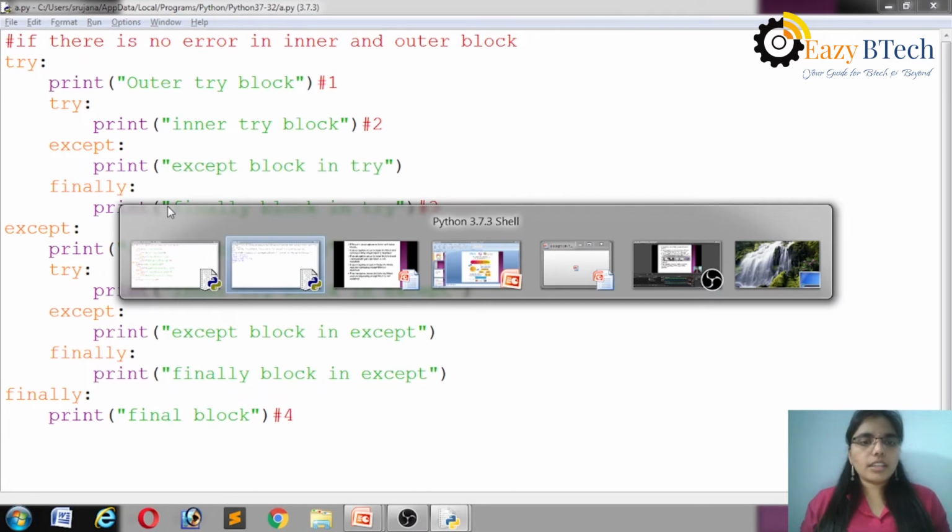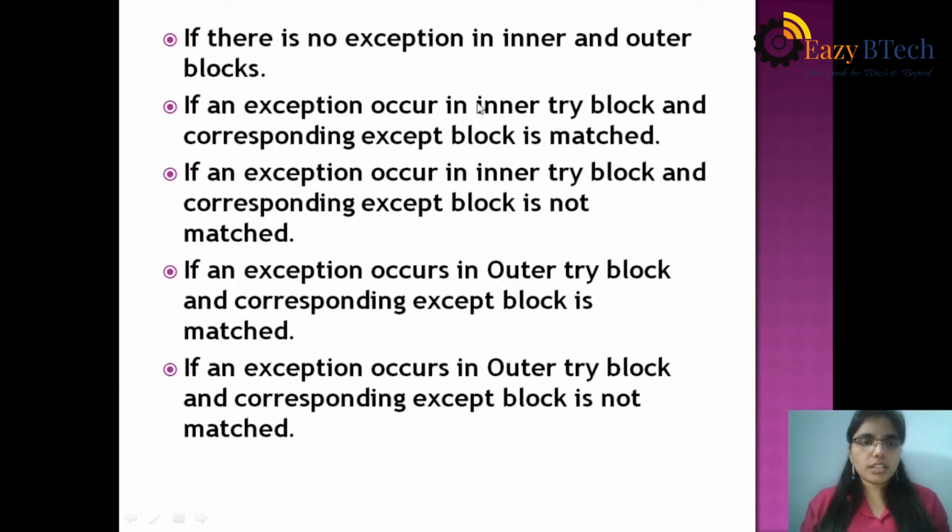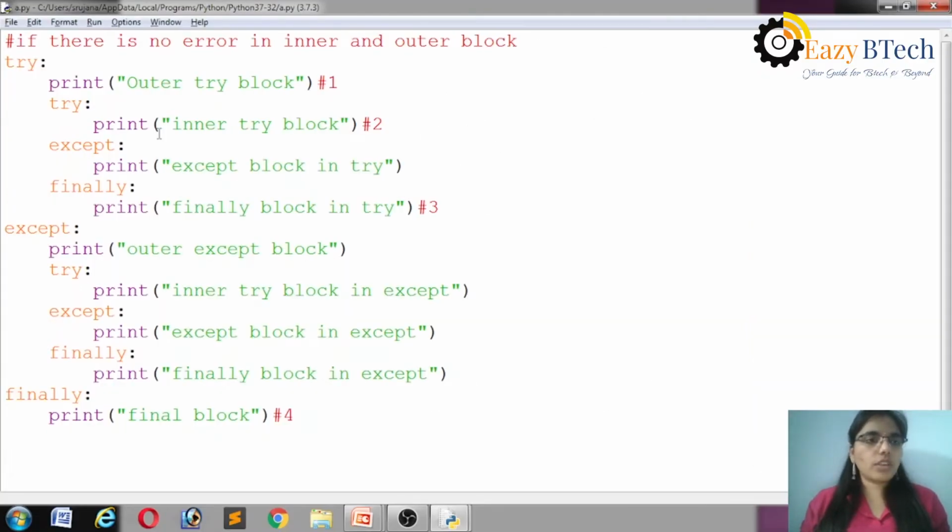Let's see another example. If an exception occurs in the inner try block and the corresponding except block is matched.